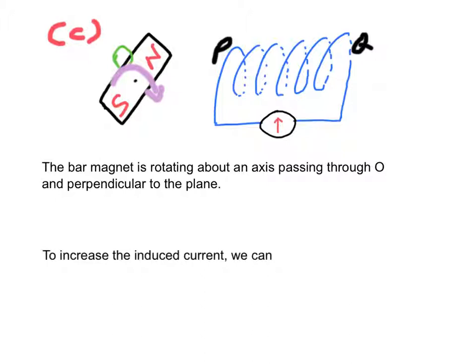Consider the case where a bar magnet is rotating about an axis passing through O and perpendicular to the plane as shown in the diagram. The north pole is moving towards the solenoid. There is a change of magnetic field inside the solenoid.